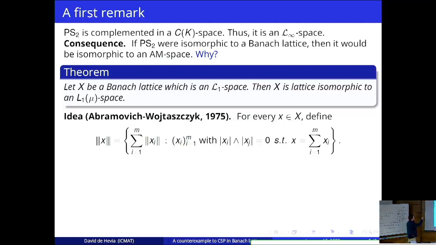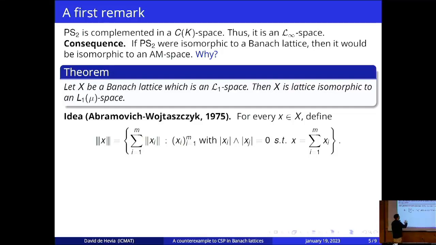If you start with a Banach lattice, you can define this norm. This is over finite sequences, over all the possible combinations to decompose x into a finite sum of mutually disjoint elements.